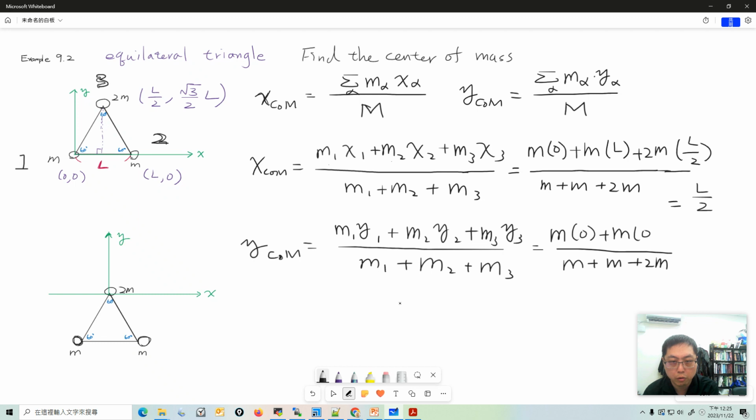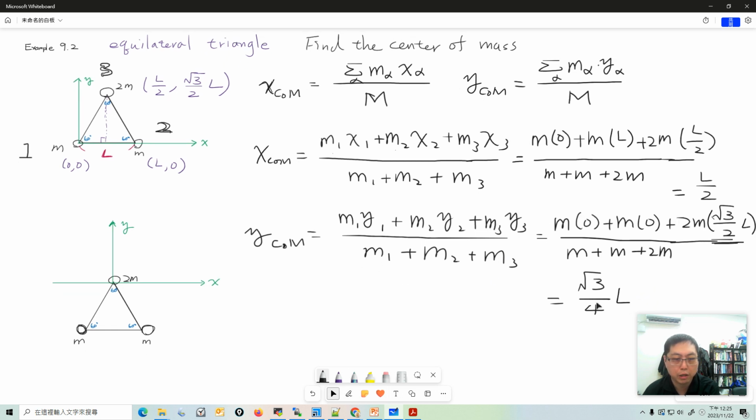The third particle mass is 2m, and its y coordinate is square root of 3 divided by 2 times L. So the answer is 2 divided by 4, so it becomes square root of 3 divided by 4 times L.